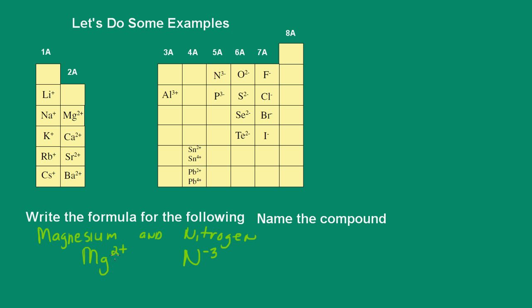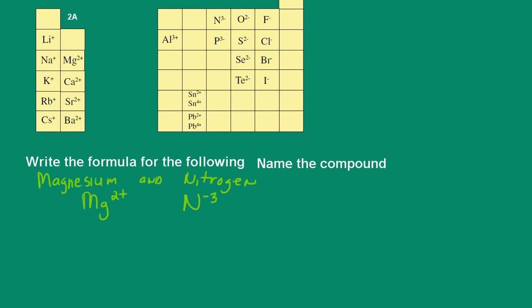So now we want to combine these in such a way that the ionic compound is neutral. We have 2 positive charges here and 3 negative charges. So the way I would write the compound is like this. I am going to need 3 magnesium ions for every 2 nitride ions.